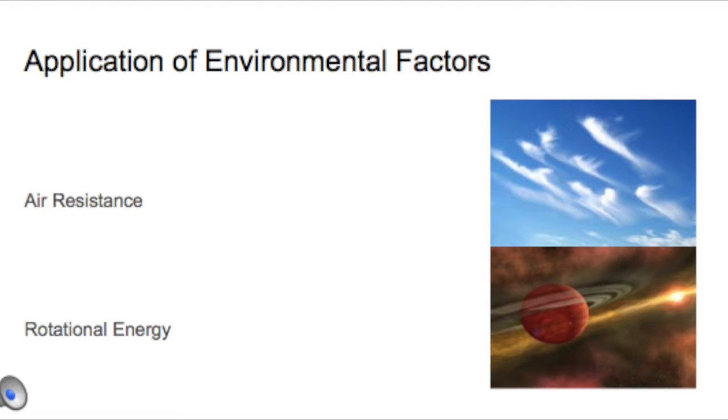Now, it's also important to look at different environmental factors regarding escape velocity, because in the equation, air resistance is considered negligible, and the rotational energy of the object trying to escape the planet is disregarded as well. So this equation, v equals the square root of 2GM over r, even though it is conceptually correct, does not directly apply to an object trying to escape the gravity of a planet, because in most cases we need to take a look at air resistance.